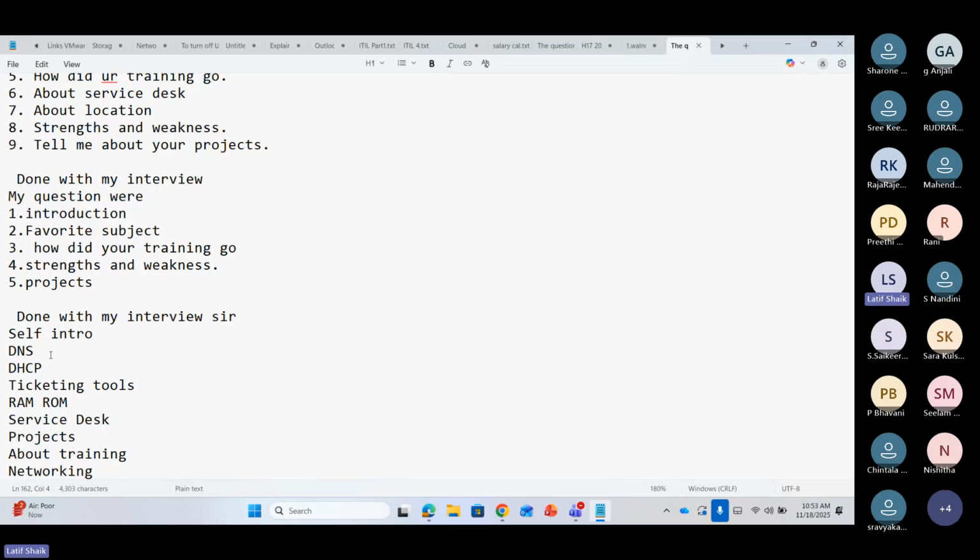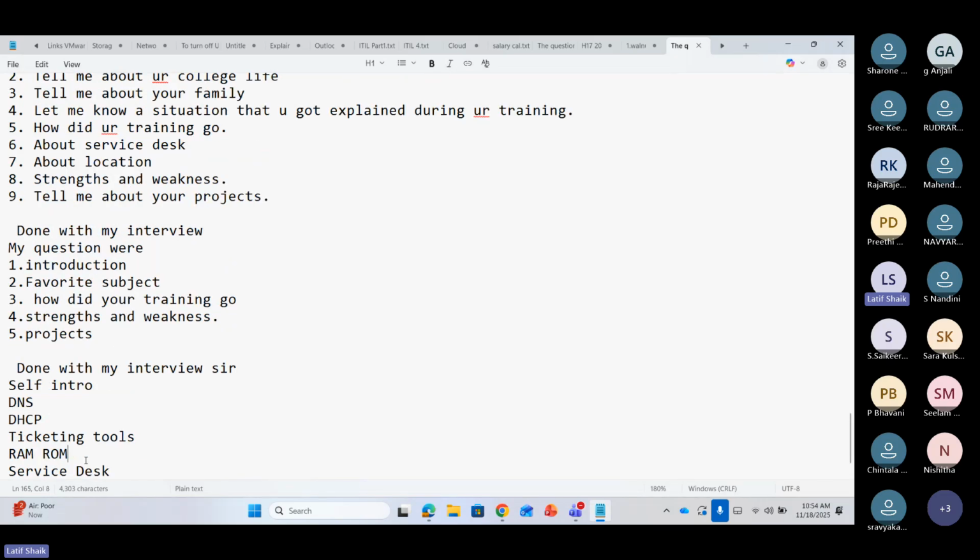You want to communicate with google.com, but your system doesn't know google.com's IP address. The system sends a request to the DNS server: I want the IP address of google.com. The DNS server gives you google.com's IP address. So that's DHCP and DNS. You will see them in networking separately, possibly; we'll see that. RAM and ROM differences, what is service desk?